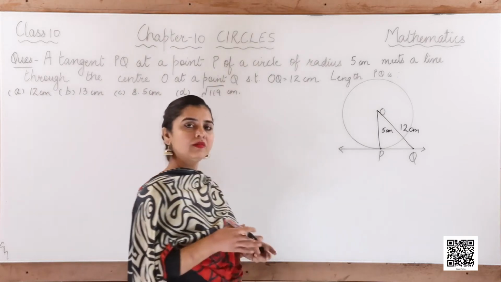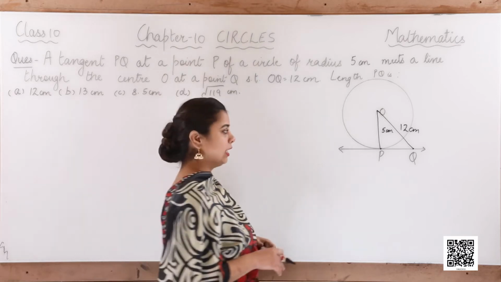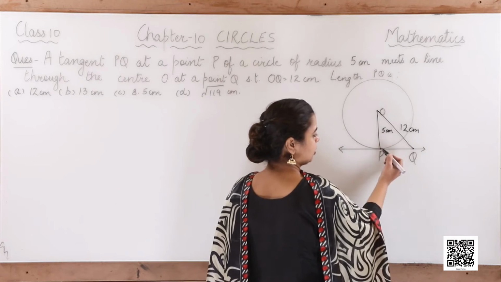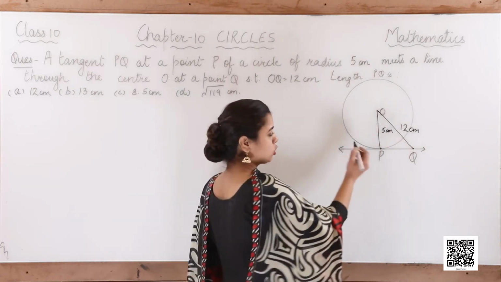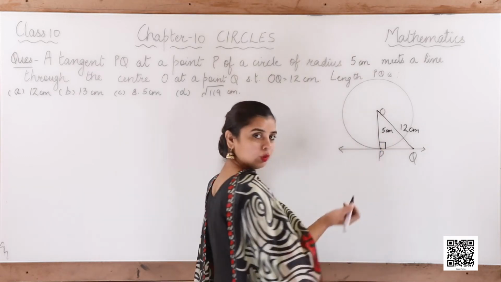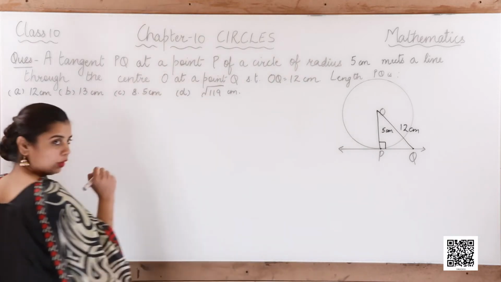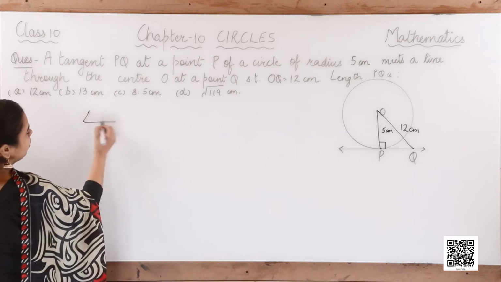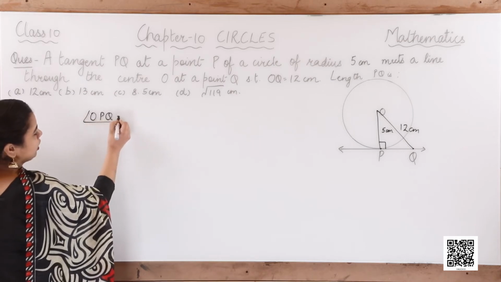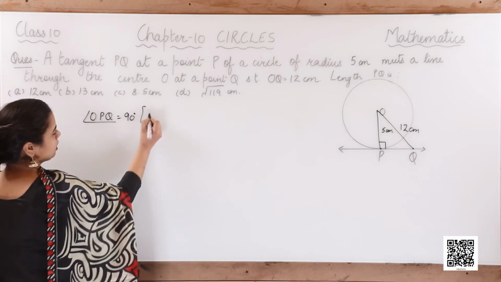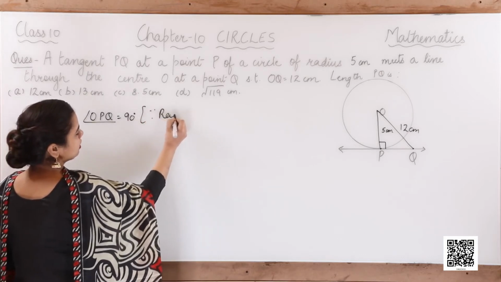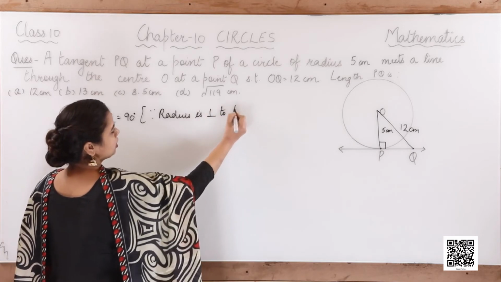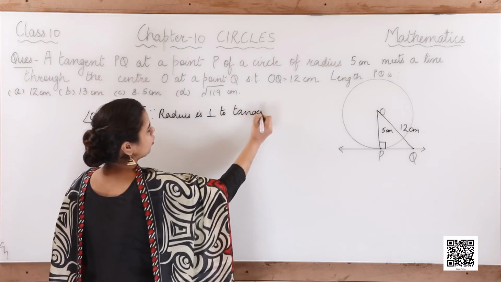Now let us see whether with the help of the theorem we can find it easily. We know that the theorem says that the radius is perpendicular to the tangent at the point of contact. So this angle will be equal to 90 degrees because the point of contact is point P. So angle OPQ is equal to 90 degrees because the radius is perpendicular to the tangent at the point of contact.